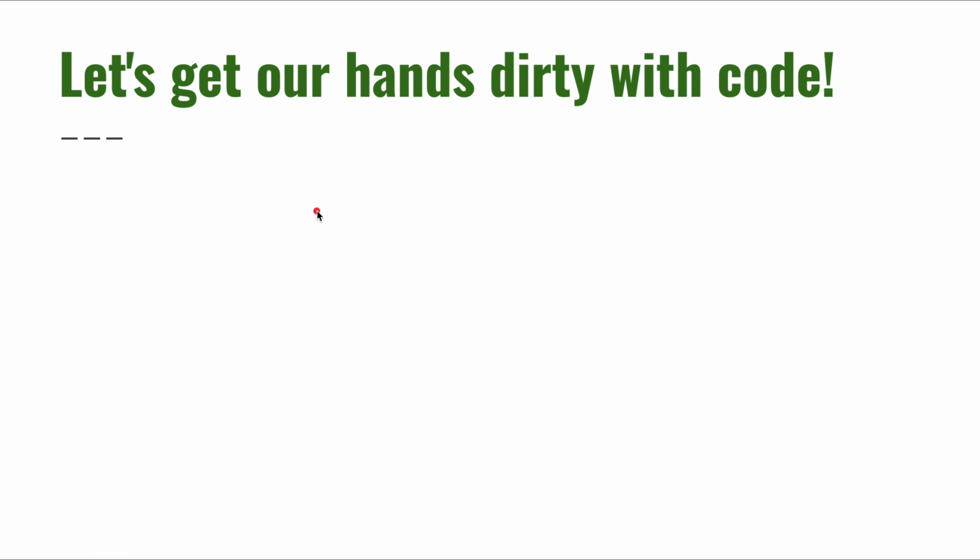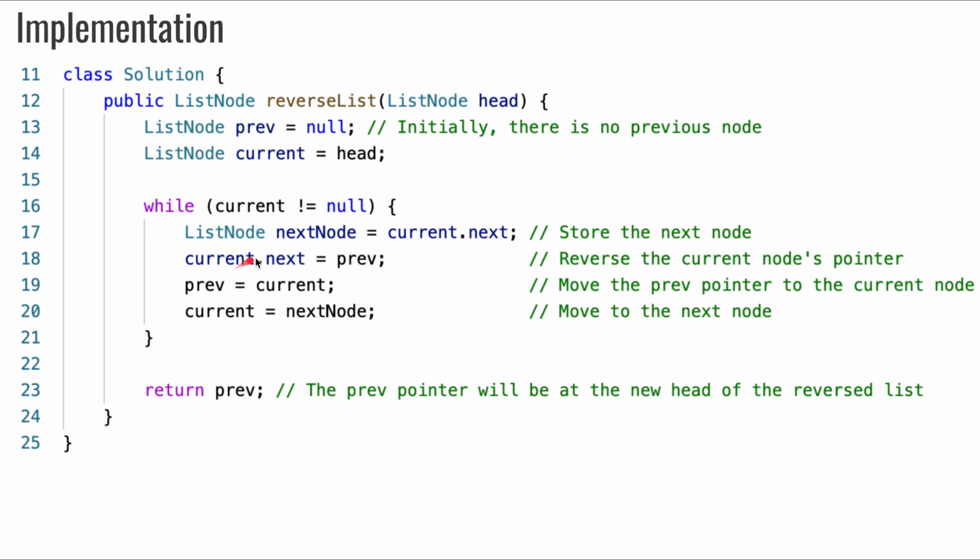Means the next node is at 2, because current was at 1, so current dot next is 2. Now current dot next is previous, okay, and so it is reversed now. Now previous is at current, and so current is at next node, means at 2, from 1 to 2.